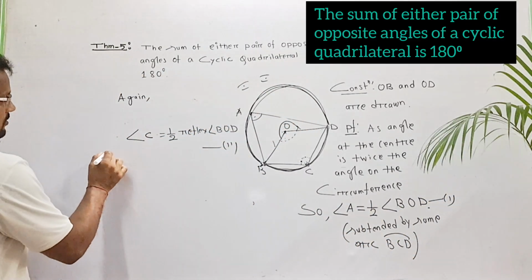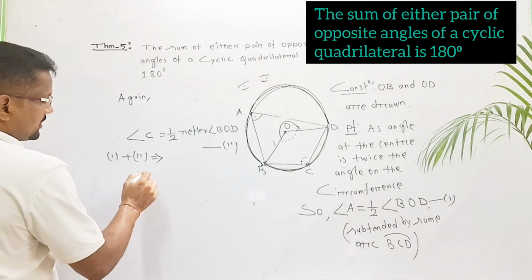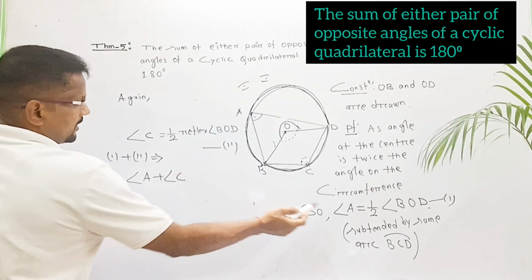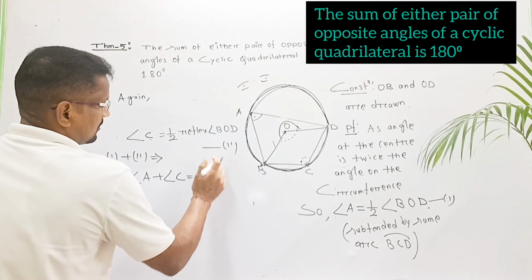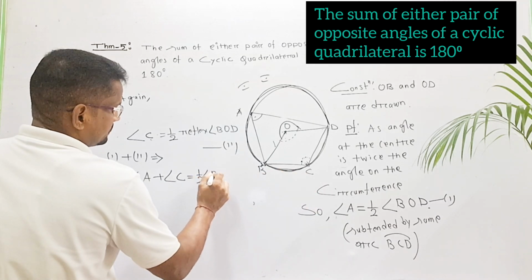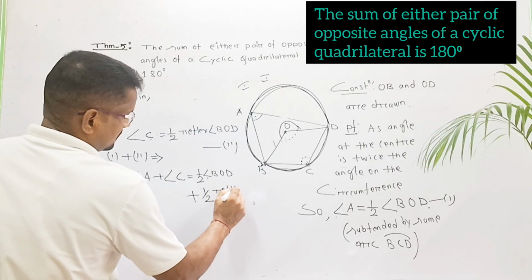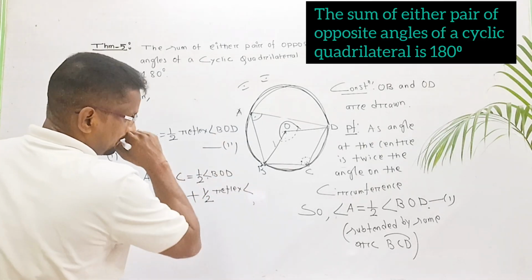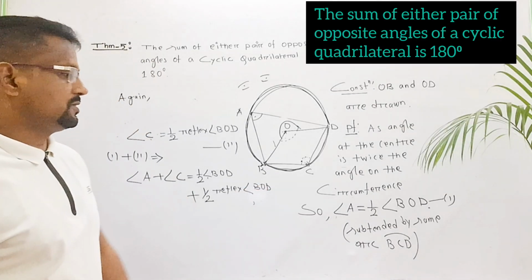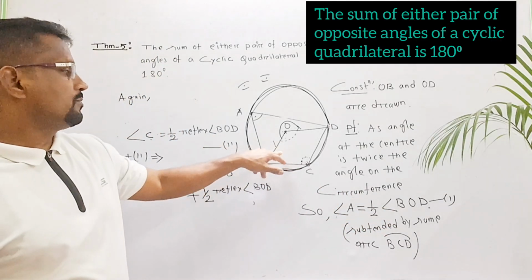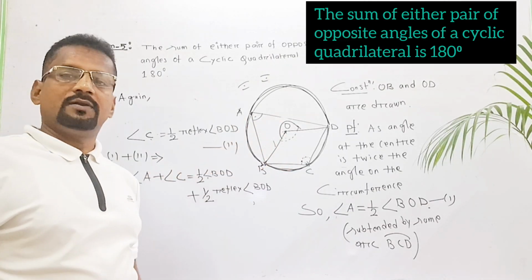Just take the sum of 1 and 2. 1 plus 2 implies, left hand side plus left hand side, angle A plus angle C equals half of angle BOD plus half of reflex angle BOD. Don't get confused, this is BOD two times. One BOD angle is this side and another BOD angle is from this side, which is your reflex angle.